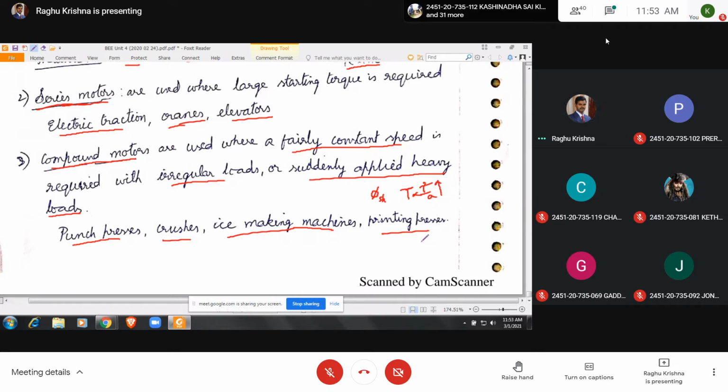So these are irregular loads. The load will not always be constant, it will be changing. In those cases, we use compound motors. Punch presses mean hole punch presses. Once a hole is made in a sheet, the load decreases, right? And the speed will not go to a dangerously high value because we have flux due to the shunt field winding.